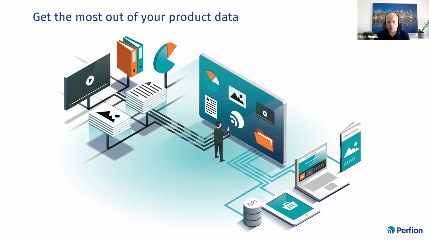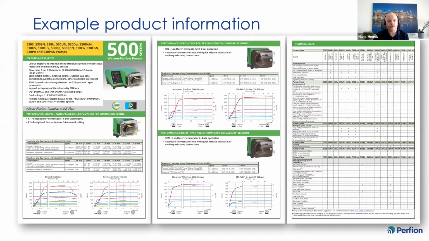While we have many different customers with many different types of products, I'll give you an example of a product from one of our customers, just to show what it is we talk about. This customer produces very specific pumps for the pharmaceutical industry, and they have a ton of product data on their pumps.